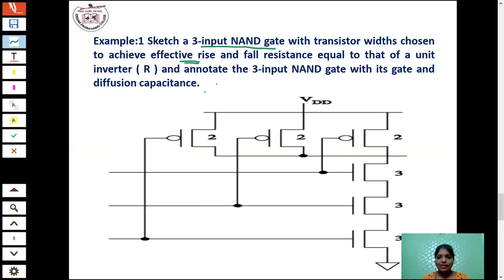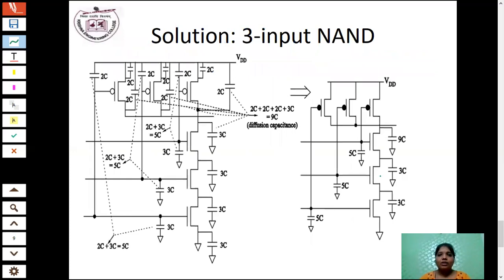Okay. So in this diagram they have given the PMOS and NMOS values. Here it is 2, here it is 3. Not an aspect ratio, it is a value of K. Okay. So it is a solution for 3 input NAND gate.